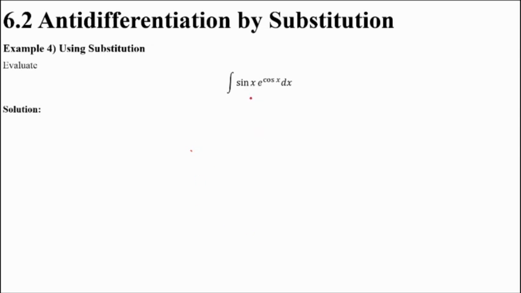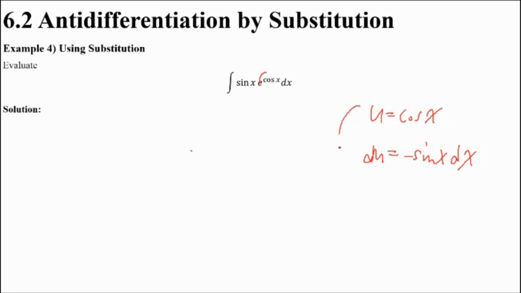Whenever this value's derivative is here, we can substitute, which means simply, maybe u. So u will be cosine x and du, this is the derivative, minus sine x dx. Right, you can see that, right?